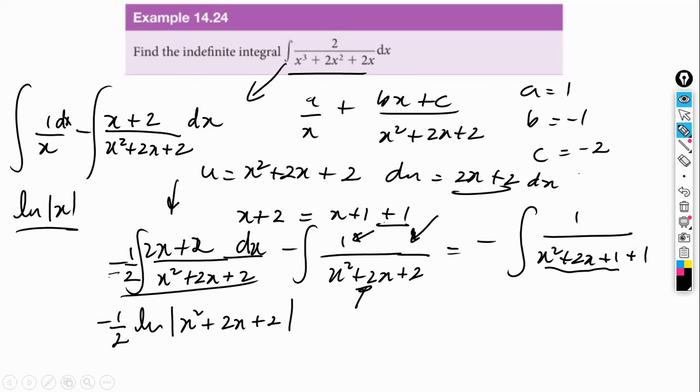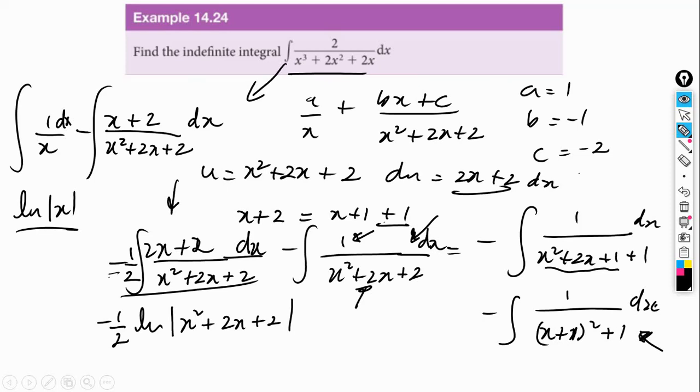So this is going to equal minus the integral of 1 over x plus 1 squared plus 1. And notice that in this case, we can use the inverse of tangent, or arctangent.